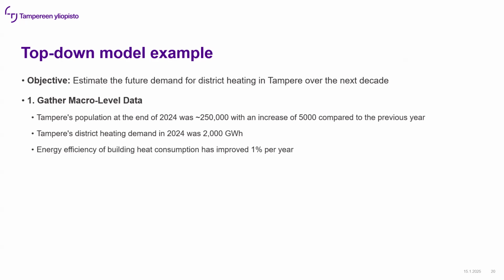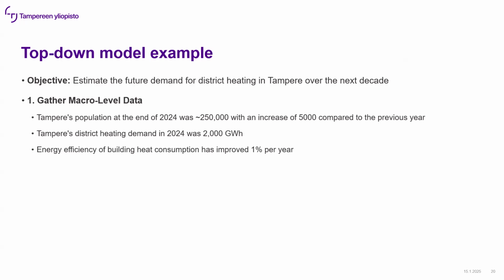So Tampere's population at the end of 2024 was roughly 250,000, with an increase of 5,000 compared to the previous year. So we can calculate some kind of an exponential growth based on that. Tampere's district heating demand in 2024 was roughly 2,000 gigawatt hours.